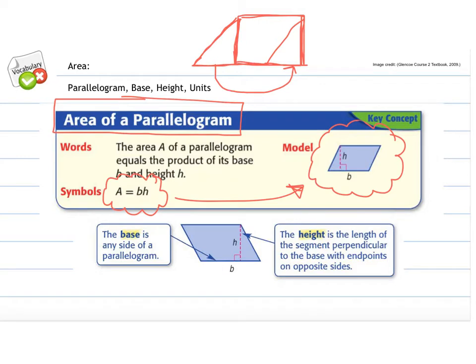Which again, I have the height and I have the base of my parallelogram. It's just that this part now is over on this side. So that's why the area of a parallelogram is base times height, which is basically the same as a rectangle, base times height. So make sure you have that down with an example with your formula.